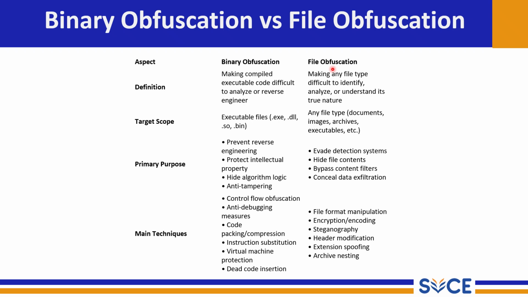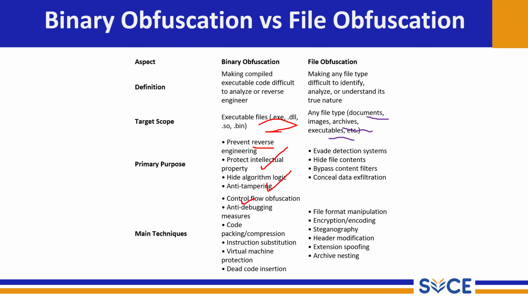And second, the target scope: binary obfuscation targets executable files. Here, in file obfuscation, any file type like documents, images, archives, or executables is in scope. And the primary purpose: binary obfuscation prevents reverse engineering, protects intellectual property, and hides the algorithmic logic, with anti-tampering, control flow obfuscation, and anti-debugging measures, right?